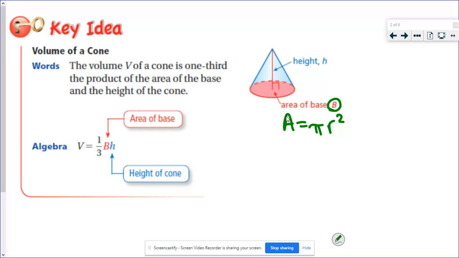So when we're doing these kinds of problems, that 1/3 in there, I know, can cause a little bit of an issue for some students. Some of you have calculators that deal with fractions and some of you don't. I have another way of typing this into my calculator that I feel is faster. But you can absolutely just take the volume of the cylinder that would match and multiply by 1/3, and that would get you the cone.